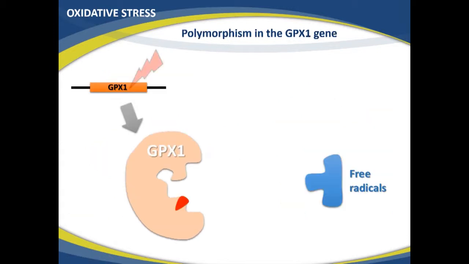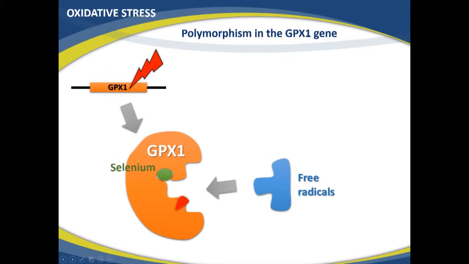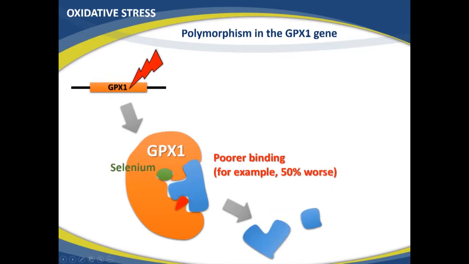Now there is a genetic variation in the GPX1 gene that changes the blueprint for the protein. And what happens is that this protein is still produced, but it has a slight modification. And even when you integrate selenium, it can neutralize free radicals. However, binding or its function is less effective. Let's say, for example, 50% less effective.